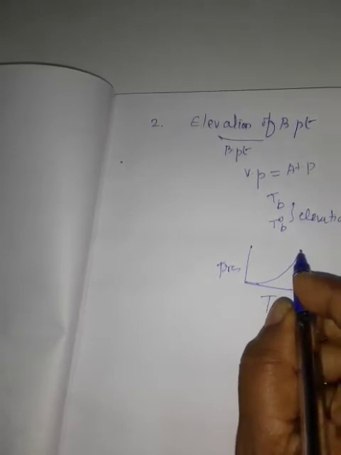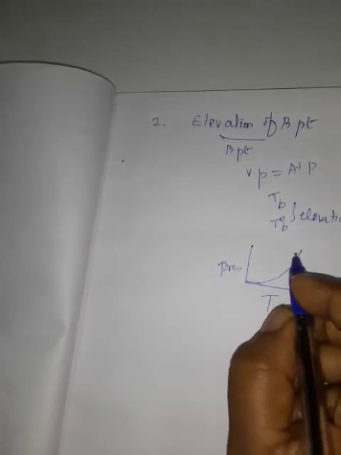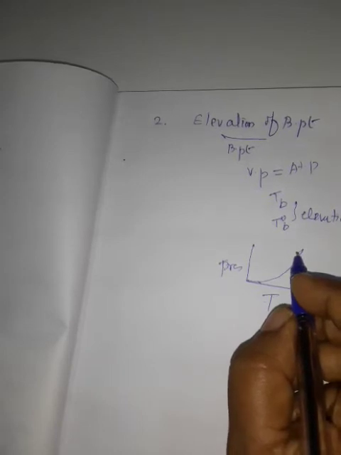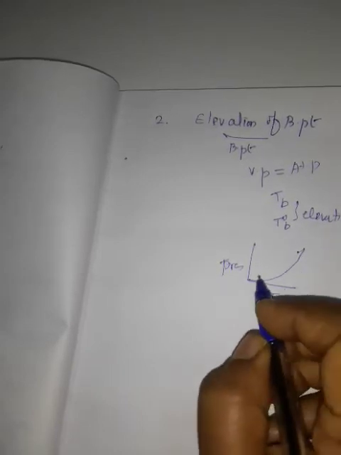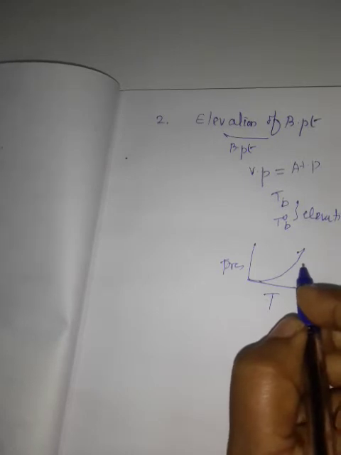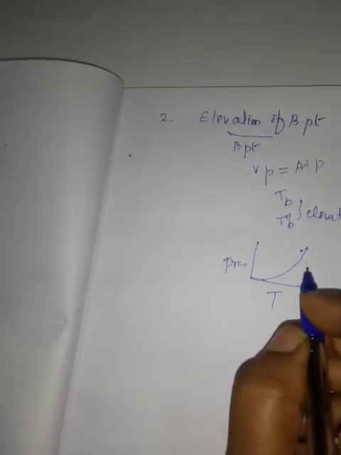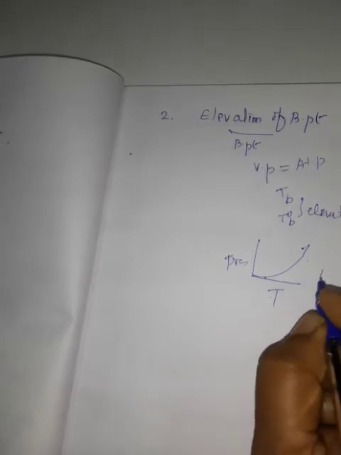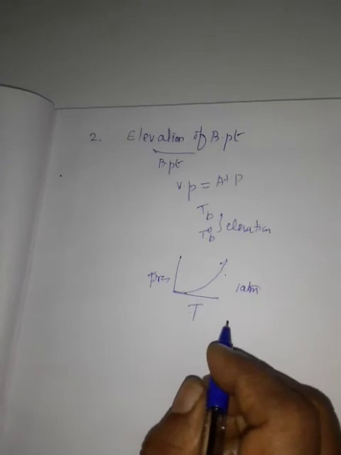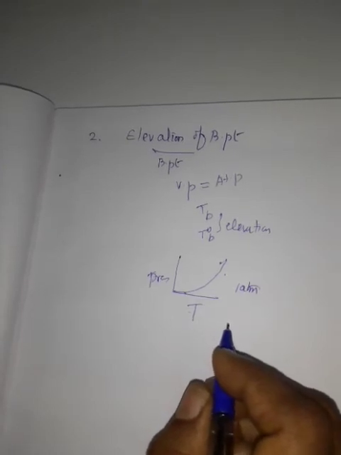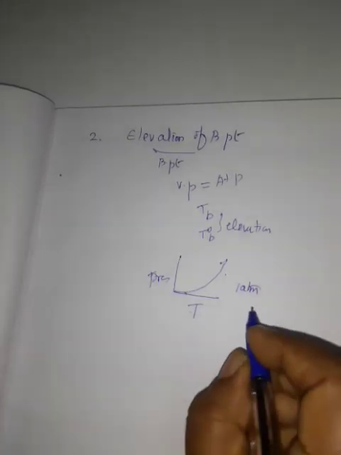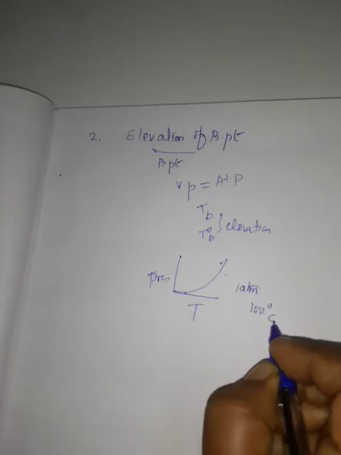The variation of vapor pressure with respect to temperature for pure water is given like this. At 100 degrees Celsius, the vapor pressure of water is equal to 1 atmospheric pressure. Hence, the boiling point of water is 100 degrees Celsius.